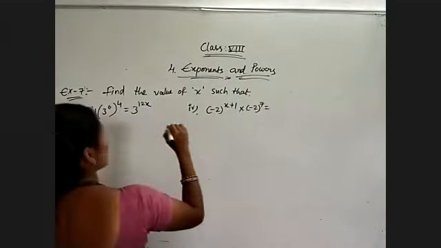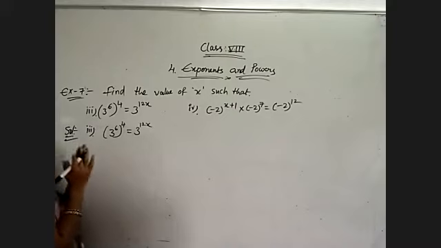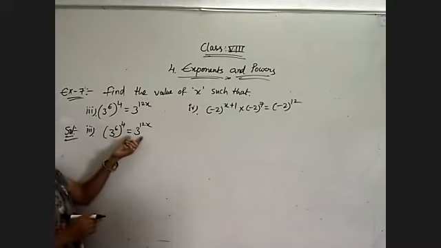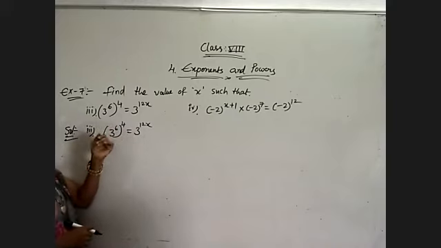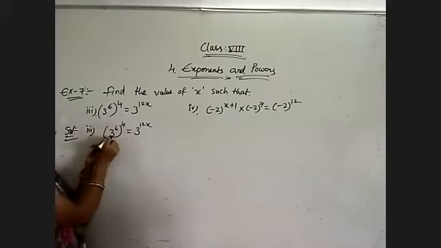Now observe the third problem. 3 to the power of 6 whole power of 4 is equal to 3 to the power of 12x. Observe the base is 3, 3. So here no need to do any simplification, but observe which side we can simplify. 3 power 12x is in the simplified form. We can't do anything. Observe left side, 3 to the power of 6 whole to the power of 4. That is in which form?